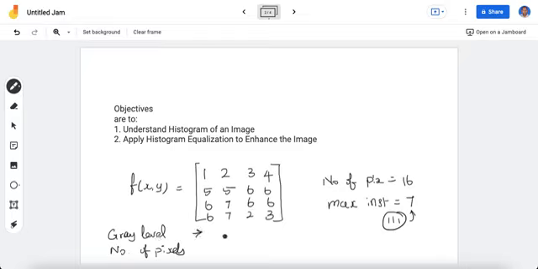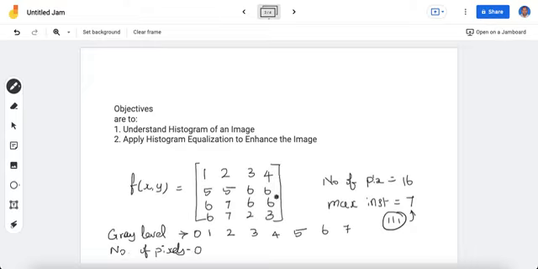The gray levels are 1, 2, 3, 4, 5, 6, 7, which represent the intensity in my image. The intensity actually starts at 0, so I missed out 0, sorry, let me include that too: 0, 1, 2, 3 to 7, the maximum intensity. The number of zeros in my image is 0.